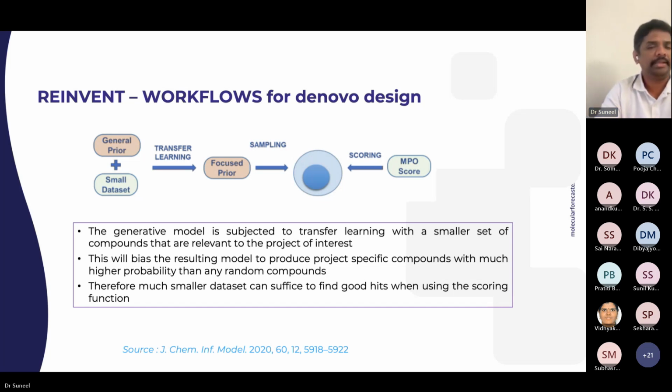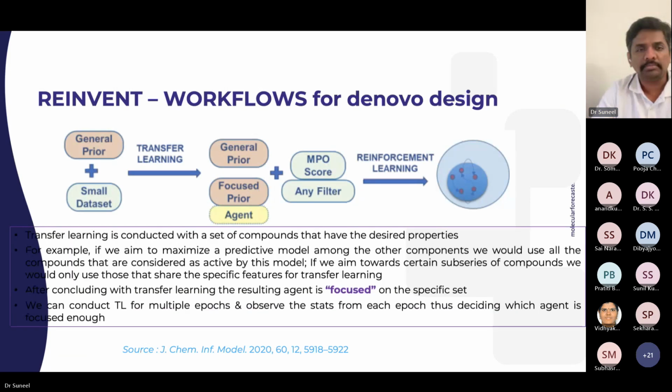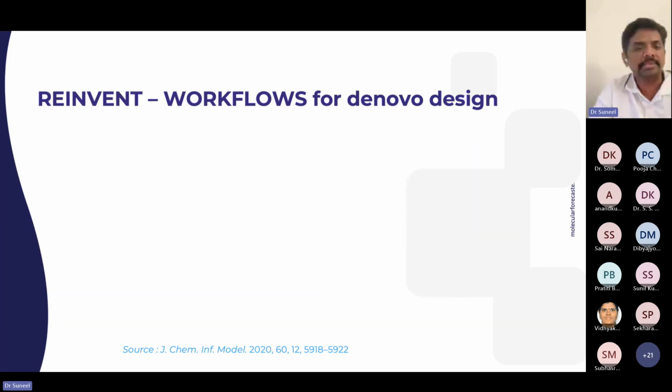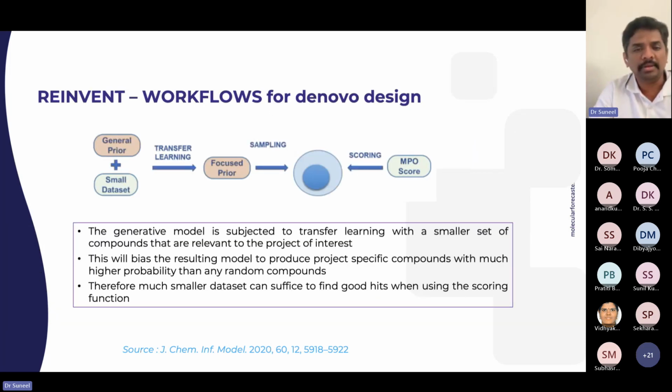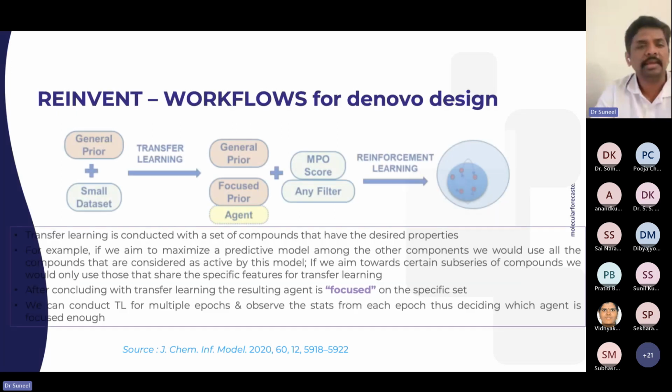Once you generate, you apply all the filters you are looking for and narrow it down to maybe hundreds or 200 so that you can handle this number. This is a more complex one, but ideally this is the workflow that most people follow for molecular design.